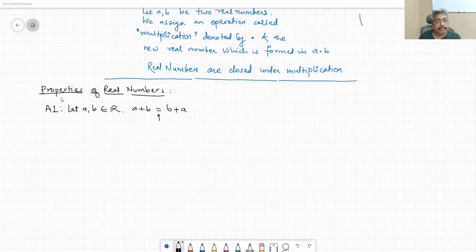Okay. Now let us write down properties of real numbers. First property of real numbers is related to addition. Therefore, A1: let A comma B belong to R. A plus B is equal to B plus A. Addition is commutative.